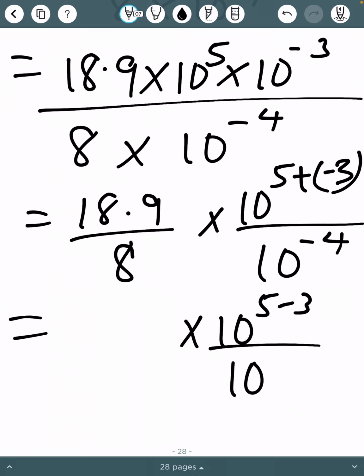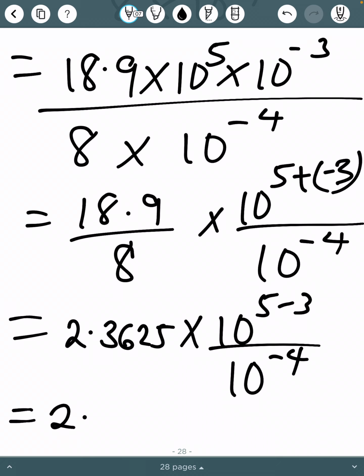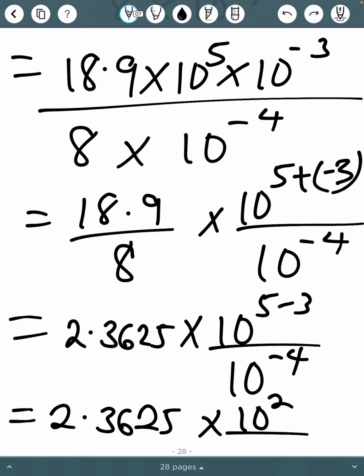Hold on. You have to say that again. I didn't catch that. 2.3625. So that's 2.3625 times 10 raised to power 2. Let me write that one. Divided by 10 raised to power minus 4.